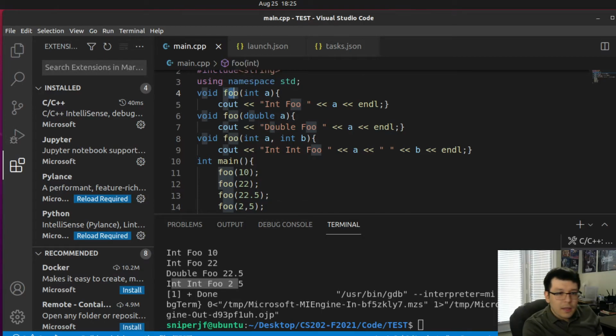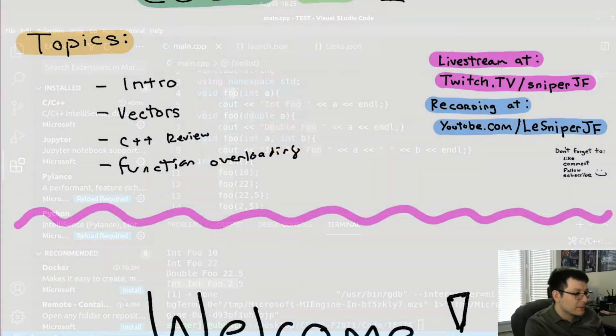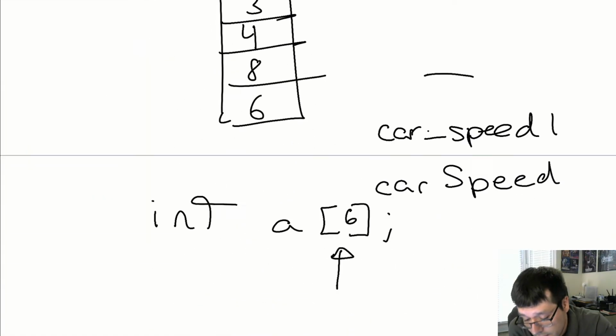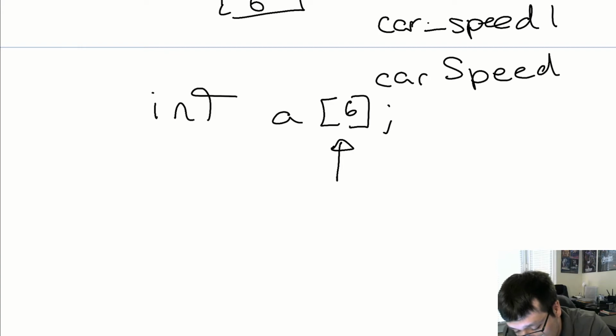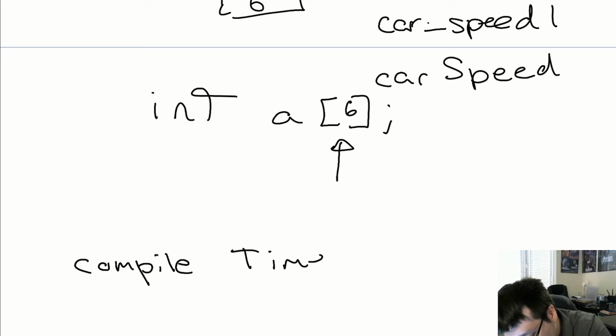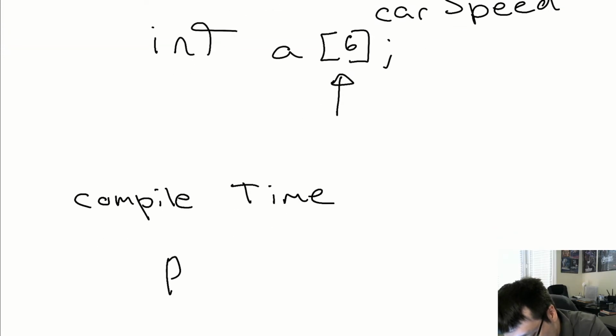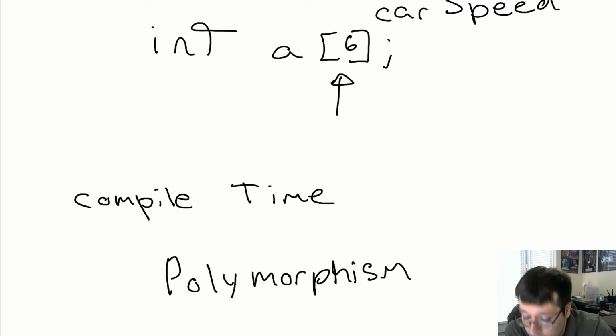Let me write that word so that you can see how it's spelled and everything. Because at least for me, it's too long of a word to remember. Compile time polymorphism.